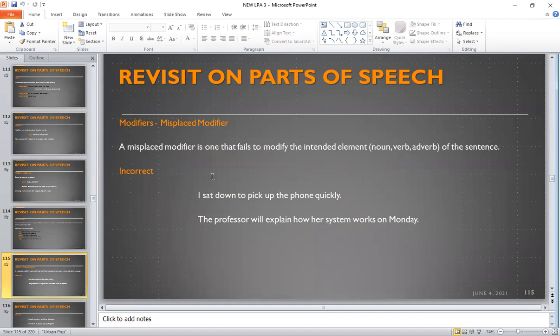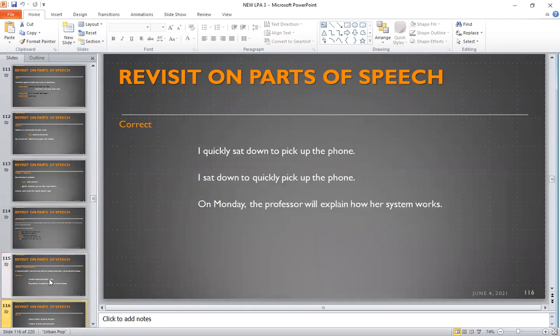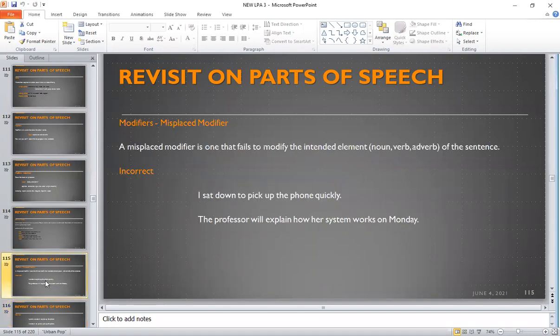However, there's a misplaced modifier there. This is how it should be: I quickly sat down to pick up the phone, or I sat down to quickly pick up the phone. Because in the first sentence, I sat down to pick up the phone quickly, that's how we are in Filipino. As a Filipino, this is how we do it.